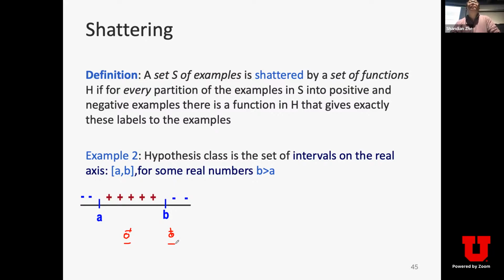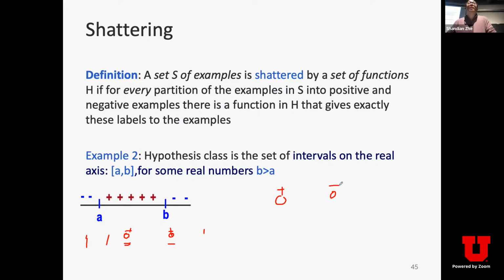For all positive labeling, you can choose A and B large enough to include both points. And for all negative labeling, you can choose A and B outside of them. So now let us look at the third case where the left point is labeled as positive and the right point is labeled as negative.